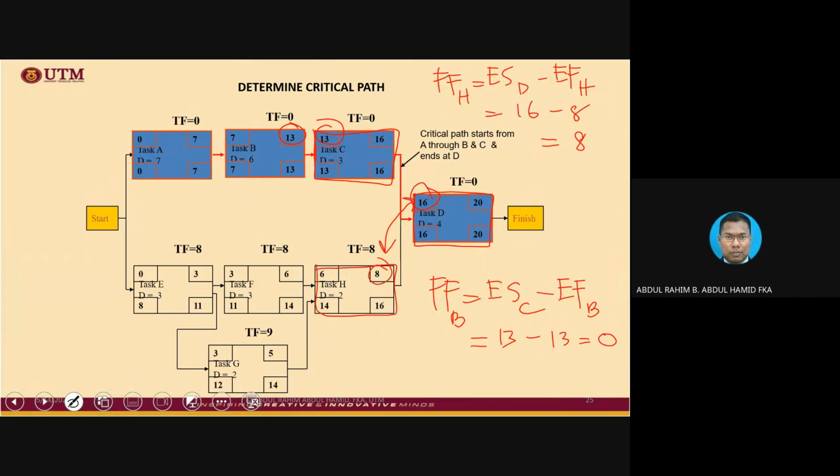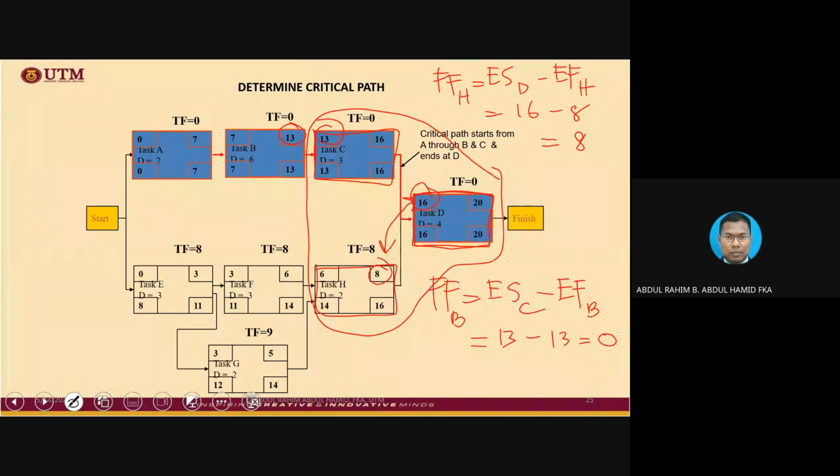Not all the activities have this condition, only a few. So in such a way, free float is very easy to calculate. You know that some of the activities do not have any free float. Only in this kind of situation, for instance here, is there a gap in between H and D.